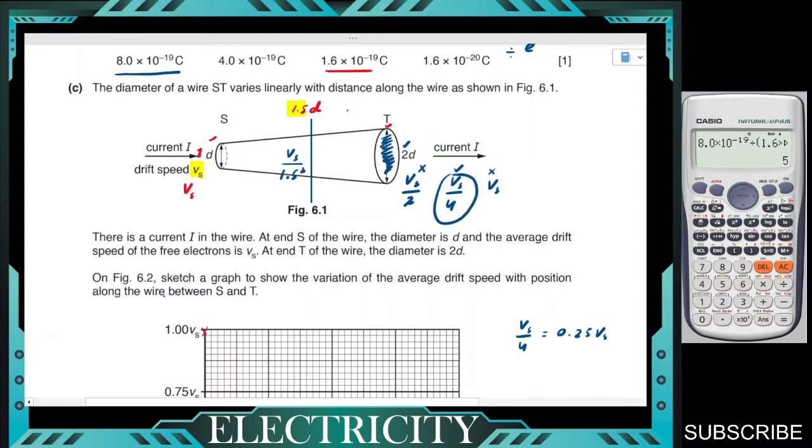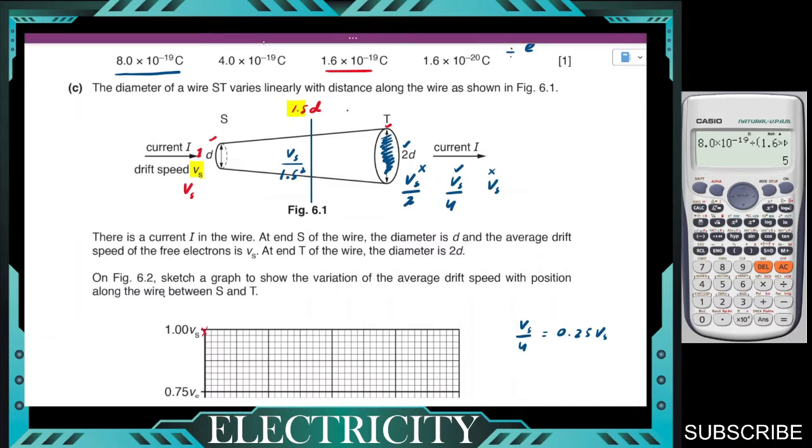So you have to find the new drift speed, which would be 1 over 1.5 squared of it, which is 0.44. So it is 0.44 times Vs. So when the diameter was 1.5d, the drift speed was 0.44 times the original drift speed.